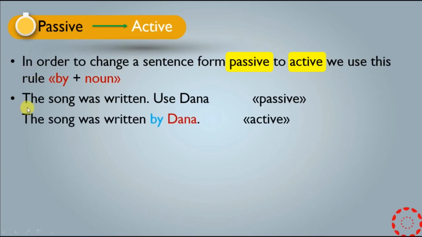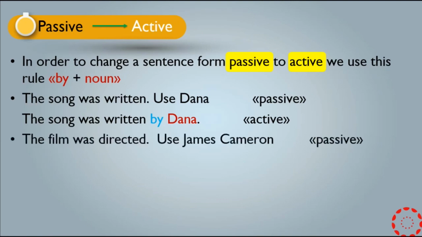We write the passive sentence the same, and we just add "by" plus the subject or the doer of the sentence, which is given by the teacher. It became "by Dana." By this rule, by this process, we can change a sentence from passive to active.